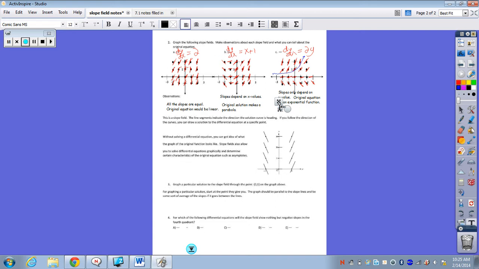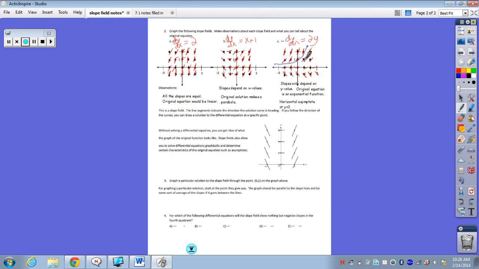Okay, so we have a horizontal asymptote at y equals 0. Okay, because wherever we draw our slope field, our general equation, like if I know my point is 1, 1, and I trace along, I'm still going to level out at 0, and it's never going to cross.